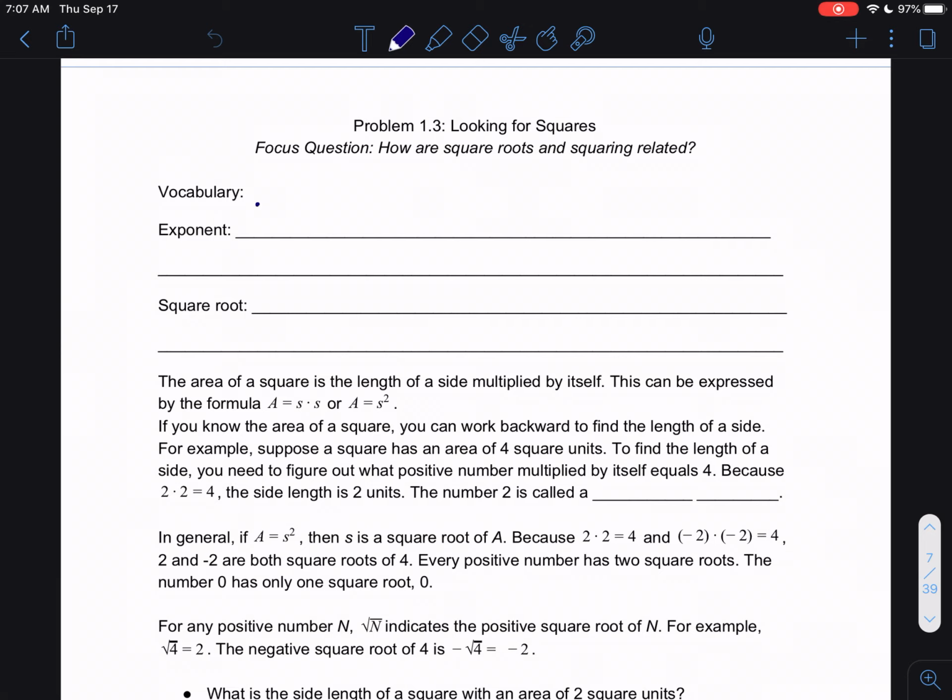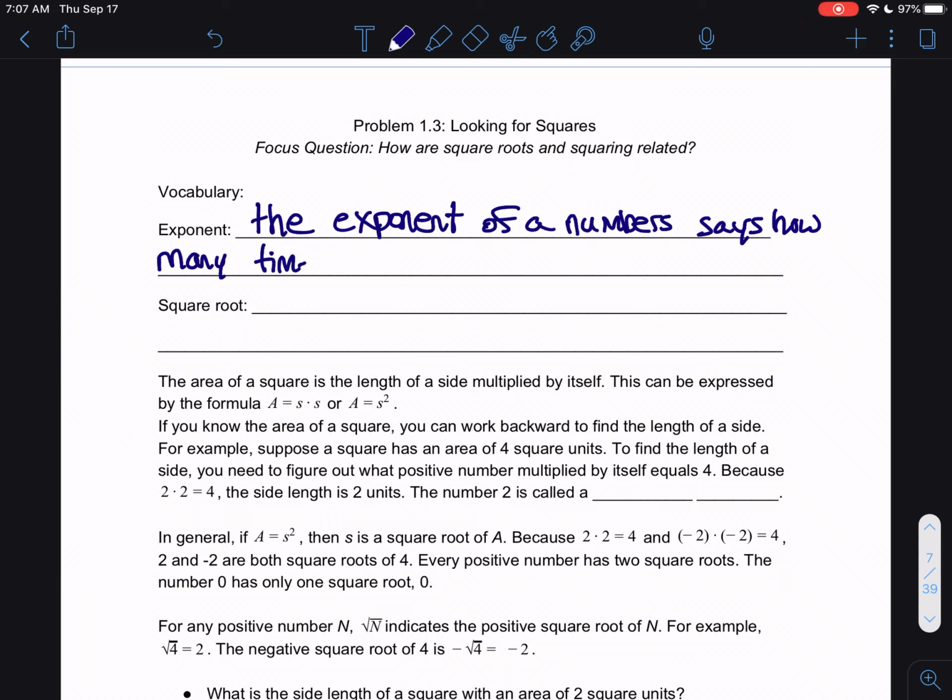The exponent of a number says how many times to multiply the base by itself.